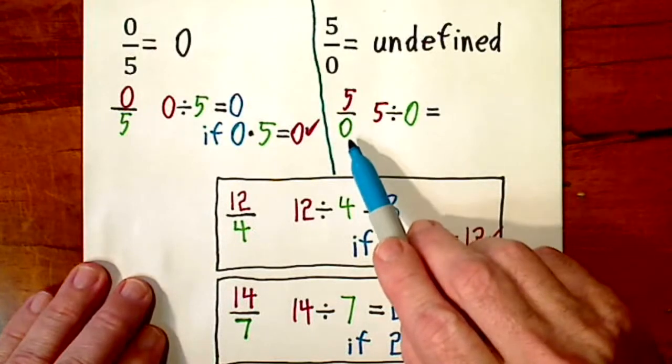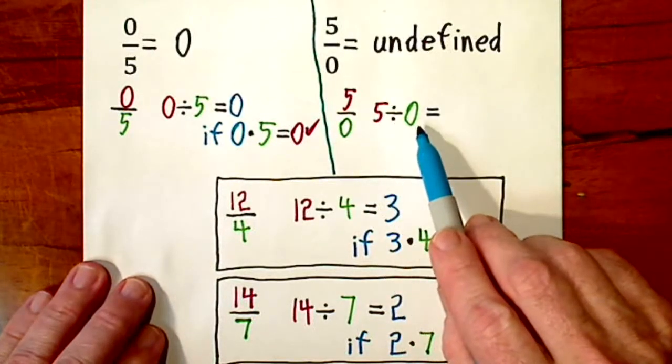So 5 divided by 0 can be written as 5 divided by 0.